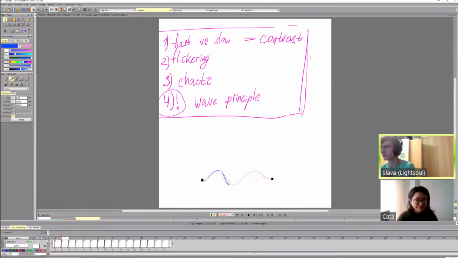So for example, here, we'll add a frame instead of an empty one, where it moves, but just a bit. And here, let's add a frame which is a bit closer to the first frame than to the second frame.